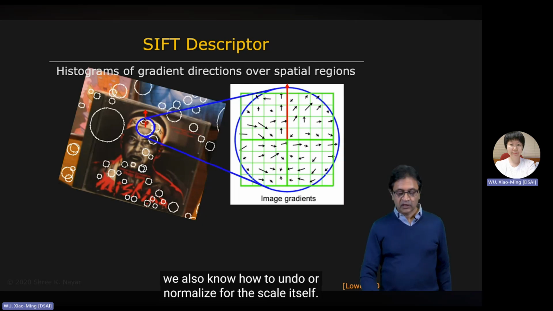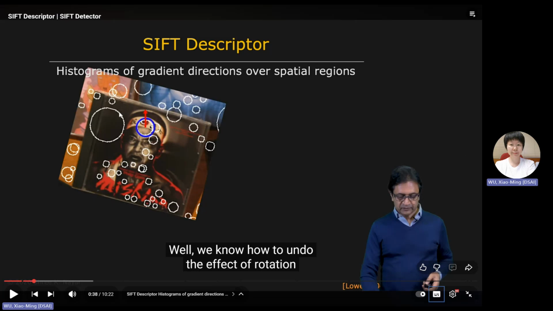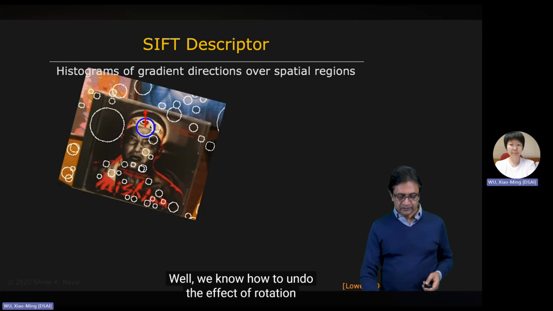So this is the dominating principal orientation. Okay, and you see we can just rotate the image patch according to the dominating orientation, such that it points to the standard direction, the 12 o'clock.